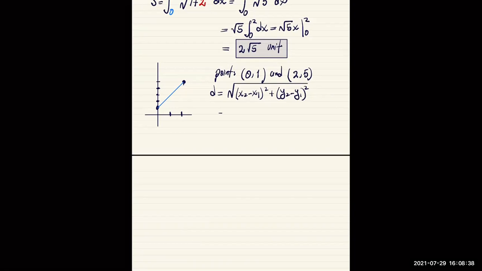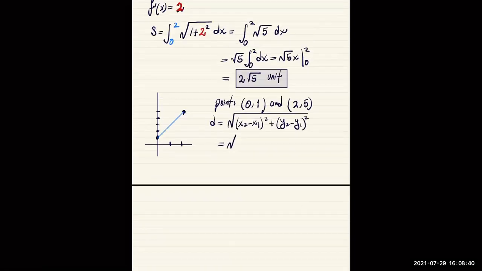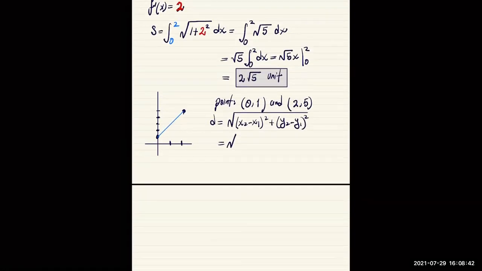But if I plug in, so this is my x1, y1, x2, y2. x2 is 2 minus x1 is 0, square that, plus y2 is 5 minus y1 is 1, square that. Okay, so that gives us 4 plus 16.